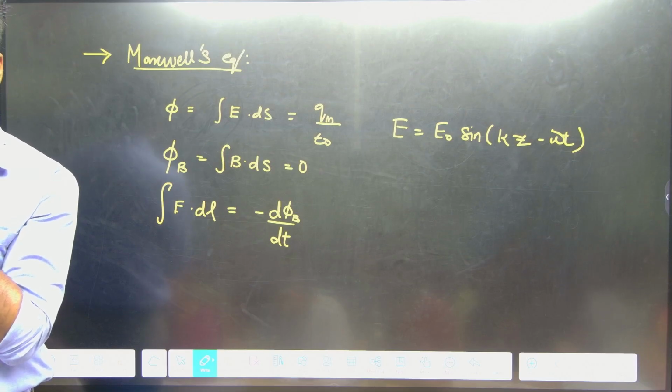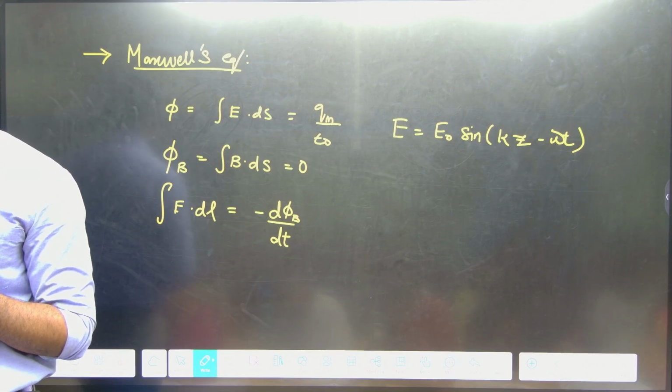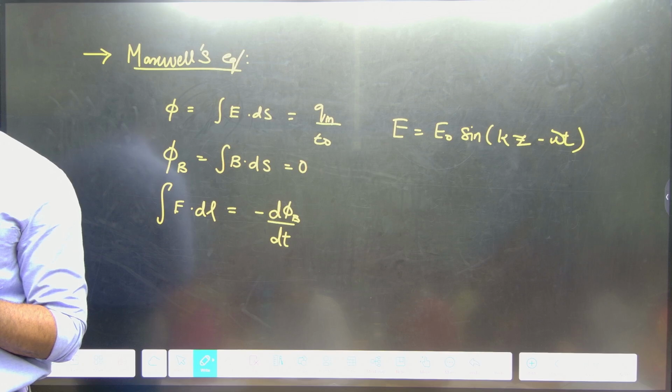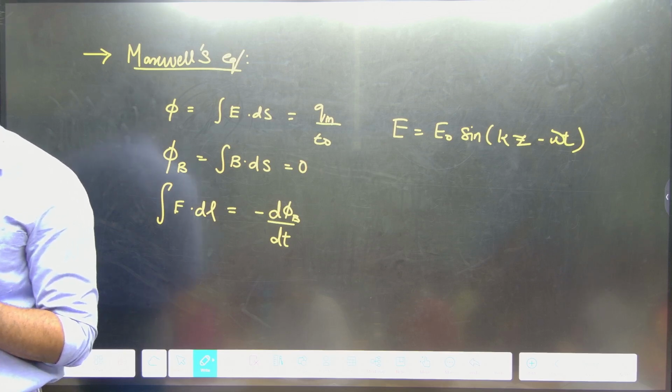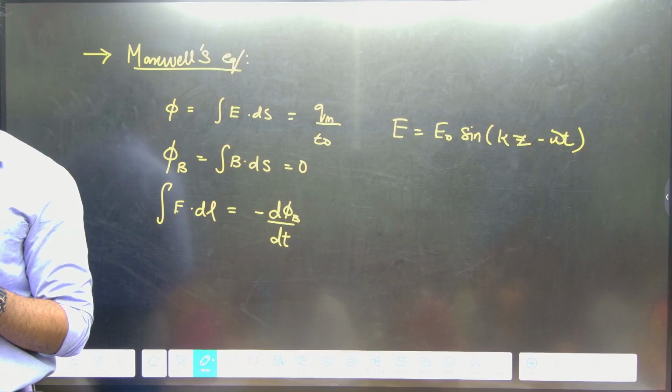The next one is magnetic field is in positive x axis.